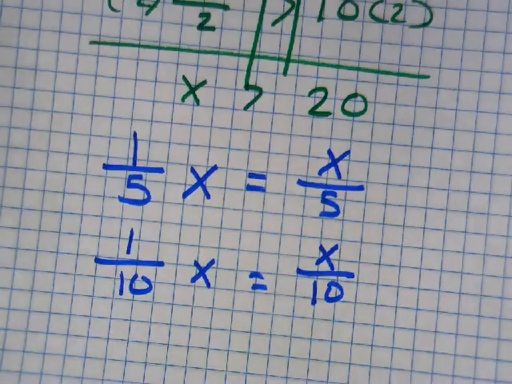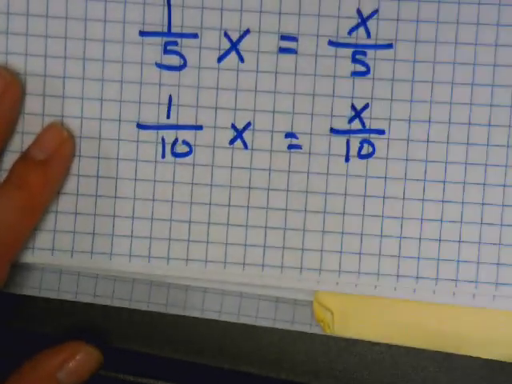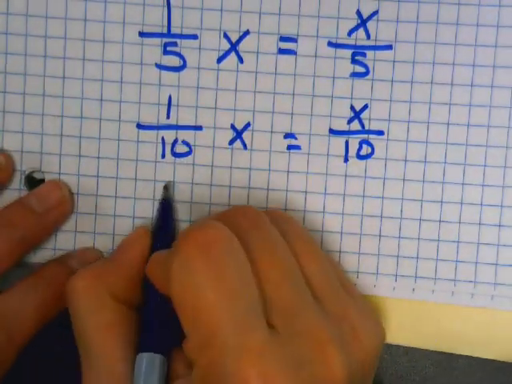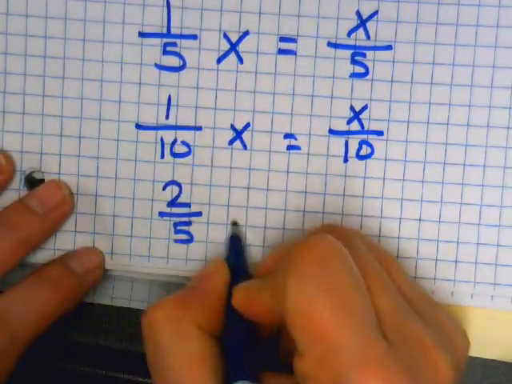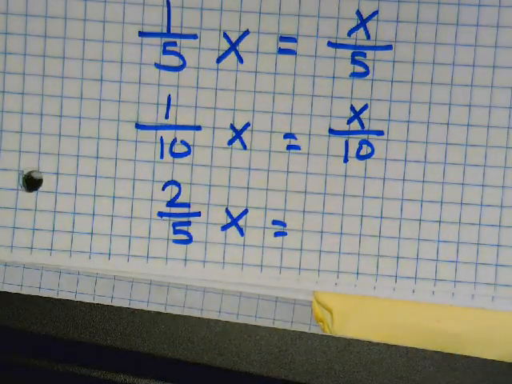Now this only works if the top number is a 1. If the top number is not a 1, let's see if you guys can figure it out. You won't see this until maybe 8th grade. How would you rewrite that?